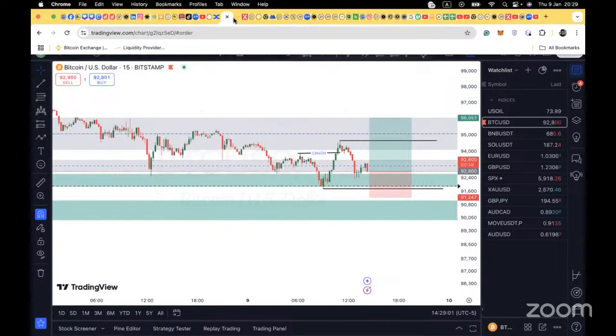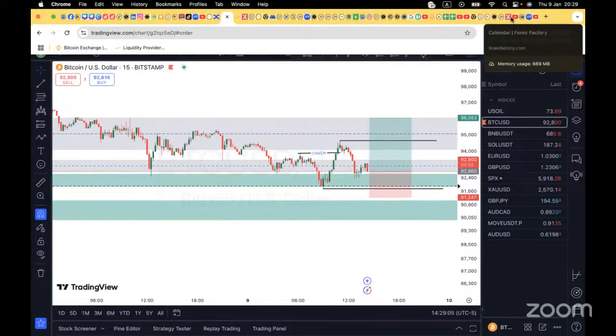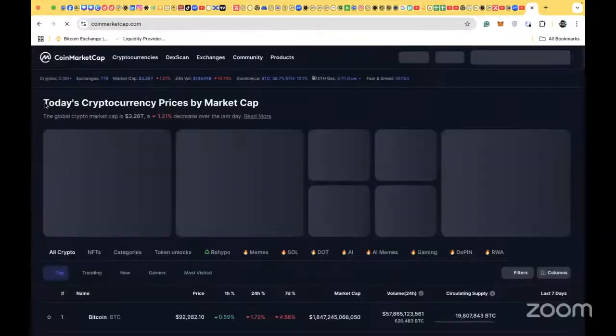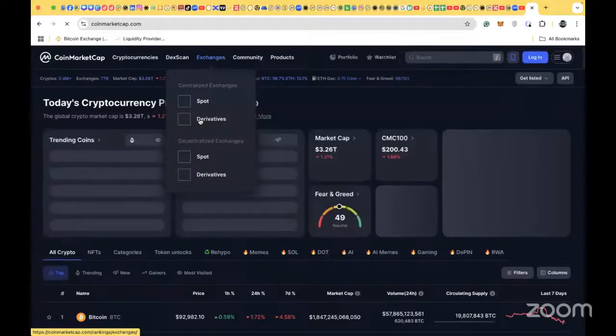I will check also what is happening on CoinMarketCap. Derivatives.